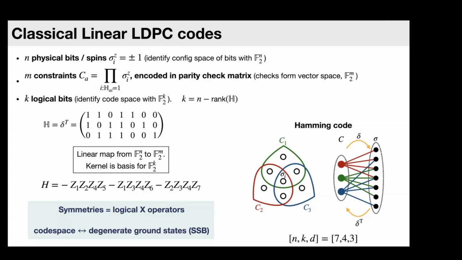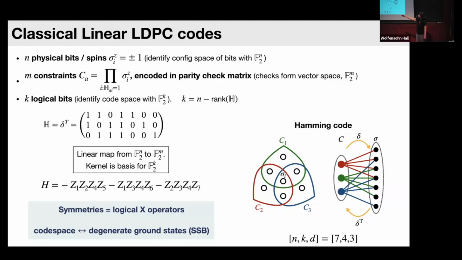So the checks themselves form a vector space over F2 again, that's F2 to the m. If you now have an m-dimensional vector representing some collection of checks, that's basically going to tell you which of these checks you're going to pick up. Okay, so these vectors denote subspaces of either bits or checks.